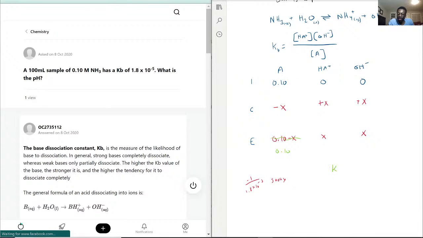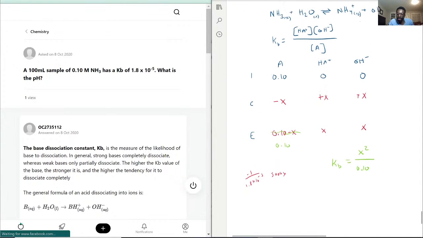So our real formula now is just Kb is equal to x squared over 0.10. So we multiply 0.1 by the Kb, which we know is 1.8 times 10 to the negative 5, so 1.8 e negative 5 times 0.1, and then you square root the whole thing.